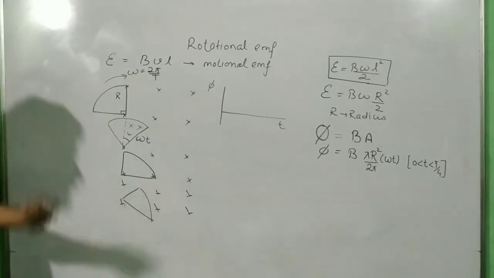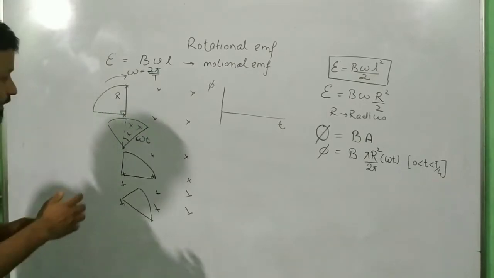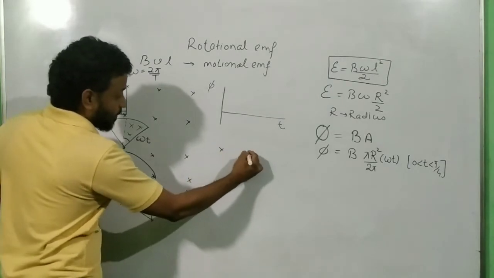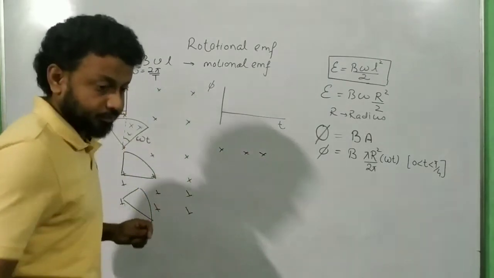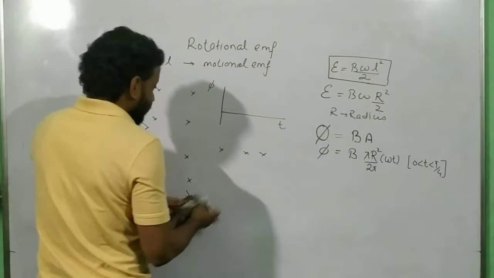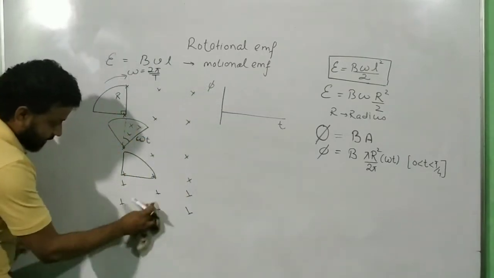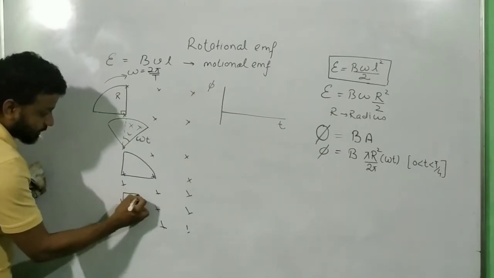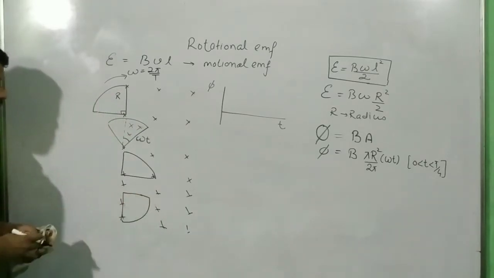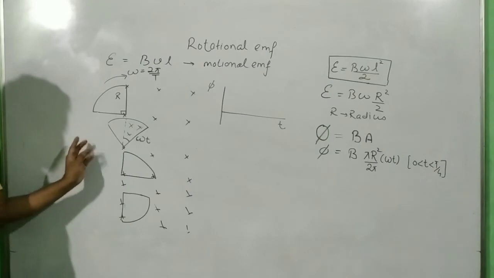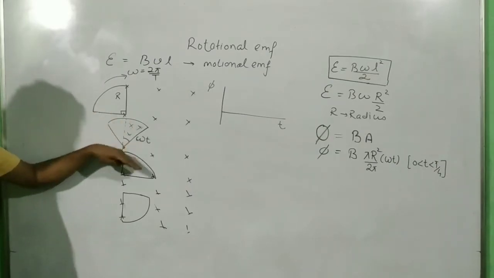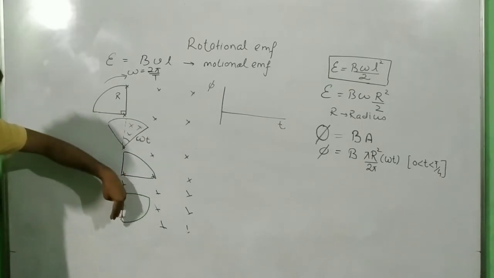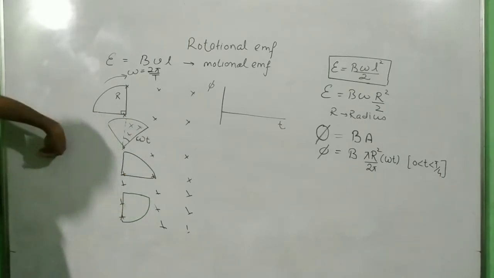Till when will it not change? It will not change till it comes to this situation over here, till it returns and attains this position. So it rotates 1/4 inside the field, and then for another 1/4 it is going to come out.